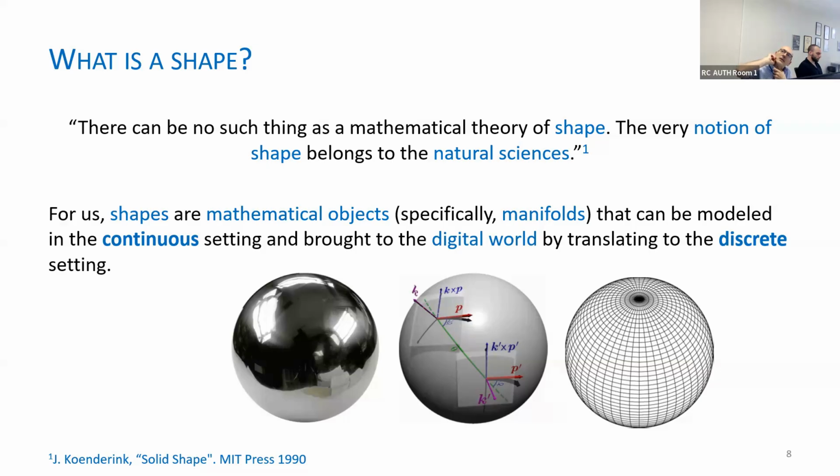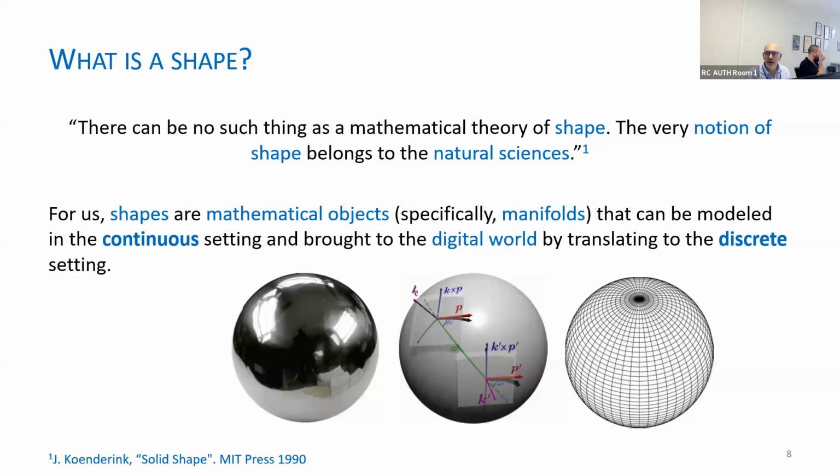But you can see there a more accurate definition given by Töndeling, that was one of the first researchers working in this domain, where this shape seems as something belonging to the natural science.